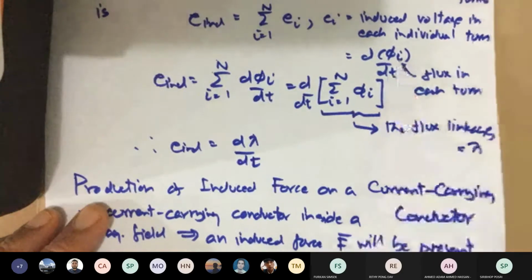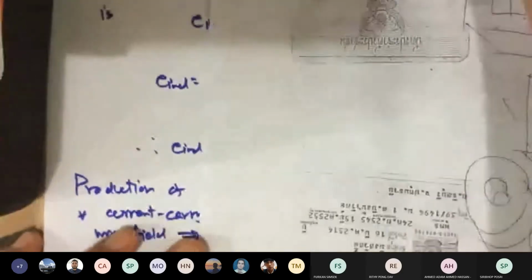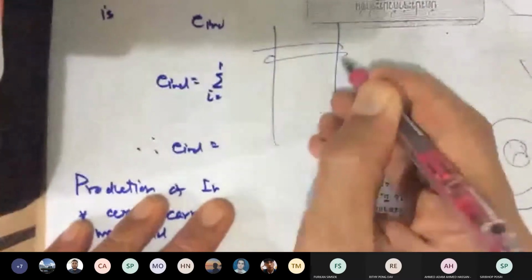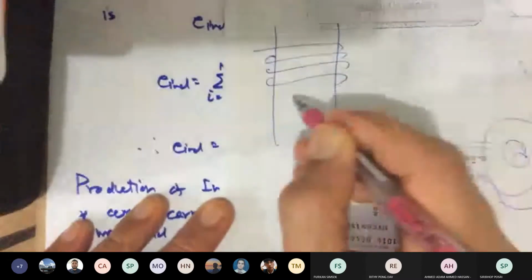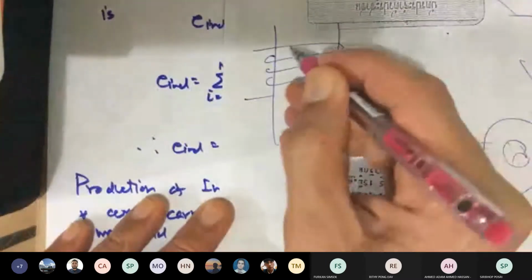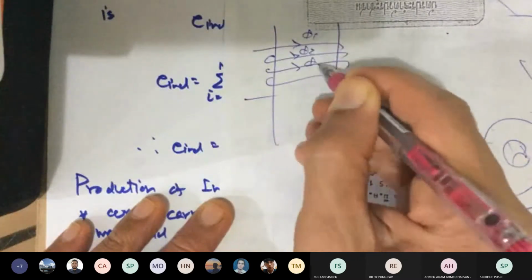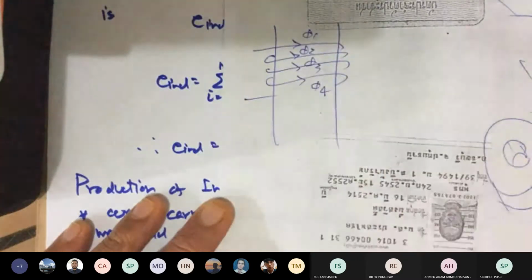If this is your core, this is my coil. I'm drawing only 4 here. So this would be phi1, phi2, phi3, phi4.